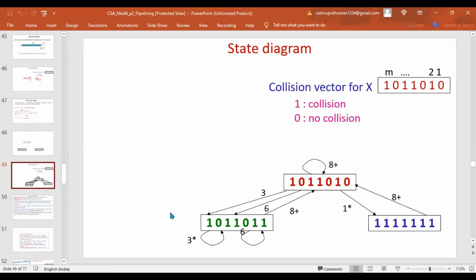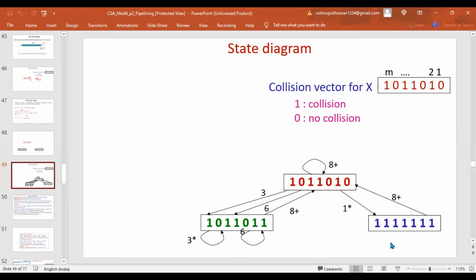So our state diagram will be like this. We have already found the next state, and for the 3-bit and 6-bit shifts, we get the state 1011.